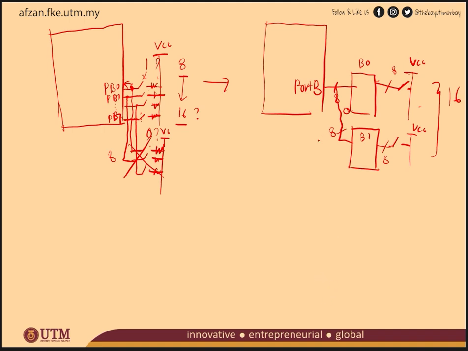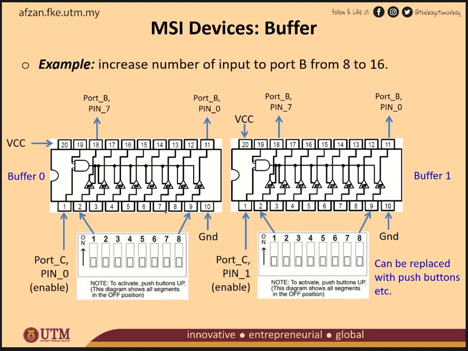Remember, your buffer here has a control at pin 1. This one is going to go to PC 0, while this one will go to your PC 1. This is 8-bit.